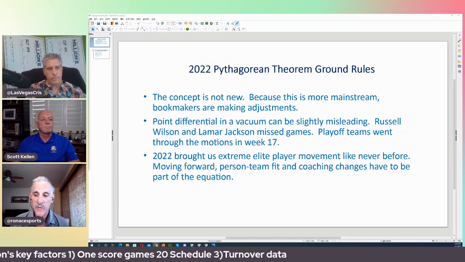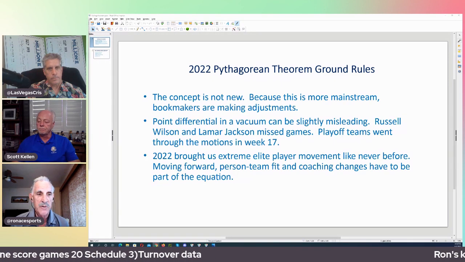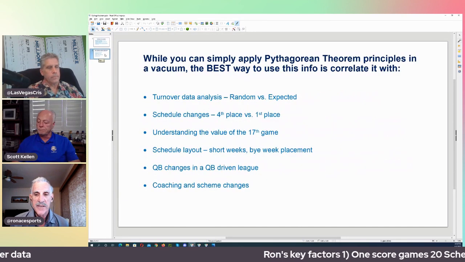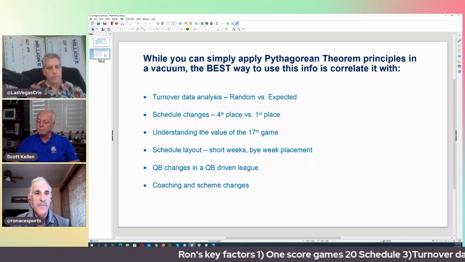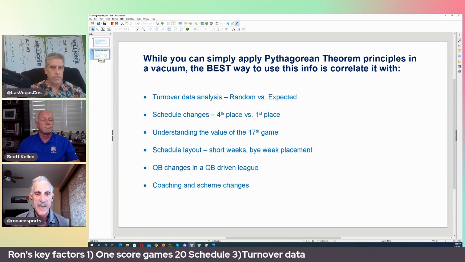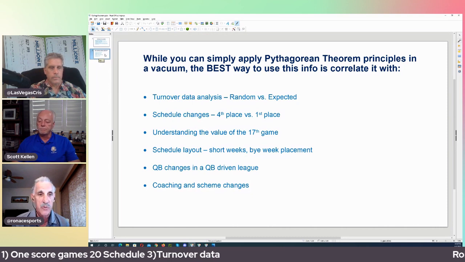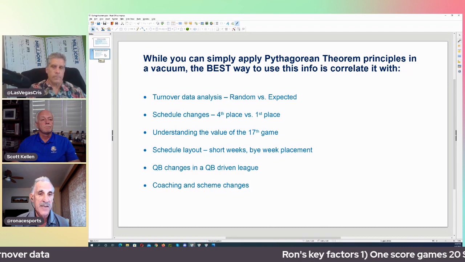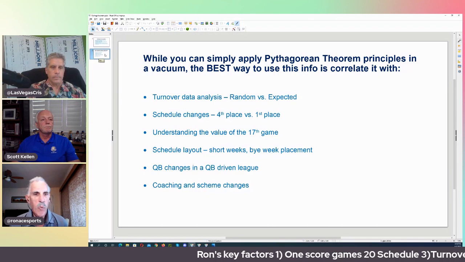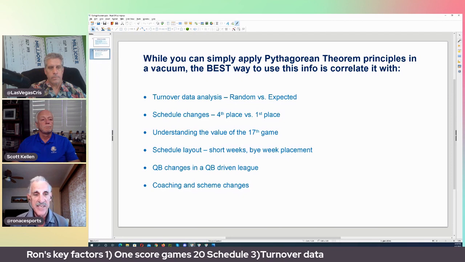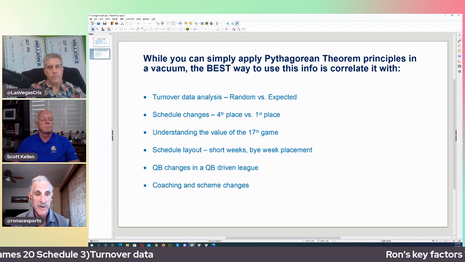The triple whammy for me is when you factor in the schedule. To piggyback on Scott and what he said about Cleveland, you look at a Cleveland team that all of a sudden has a massive schedule upgrade from what they had in the past, which means somebody in the division had a massive schedule downgrade. On top of that, their uncommon opponents are going to be first place versus first place, second place versus second place, as opposed to 4th place versus 4th place, which is what Cleveland was the previous year.